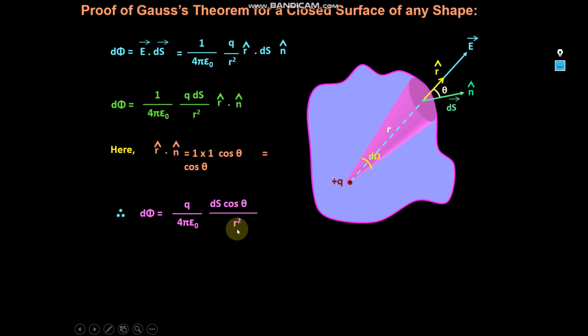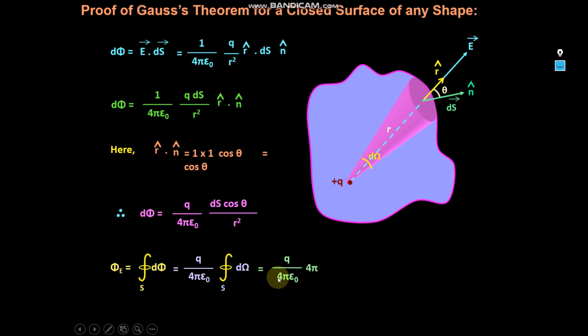You already know what ds cos theta by r square is. It is the solid angle, d omega. So for the whole sphere, ds cos theta by r square integrated will be d omega, and if you integrate d omega you get the whole sphere, and the value for the whole sphere in steradians is 4 pi, as I discussed earlier.